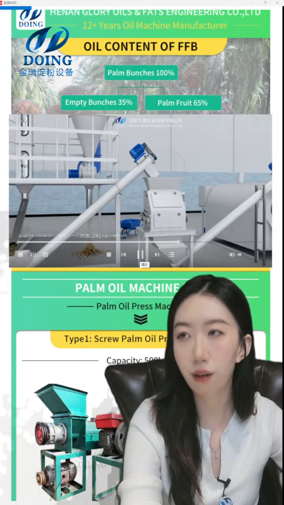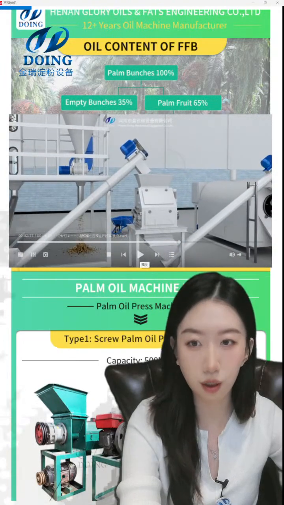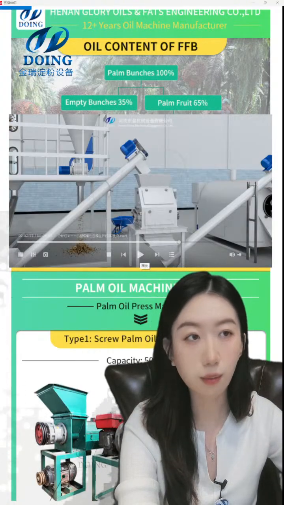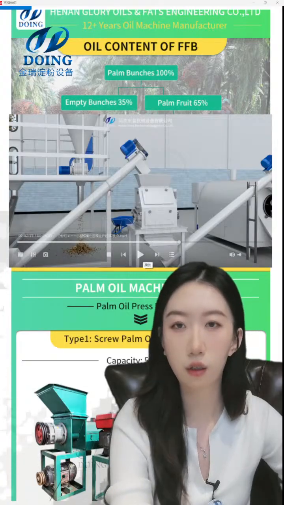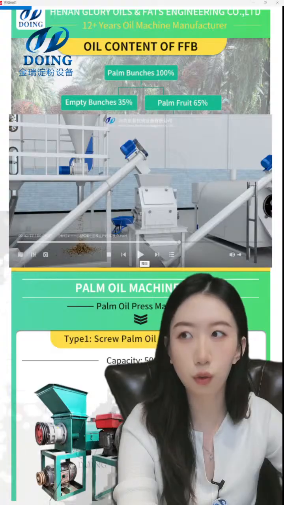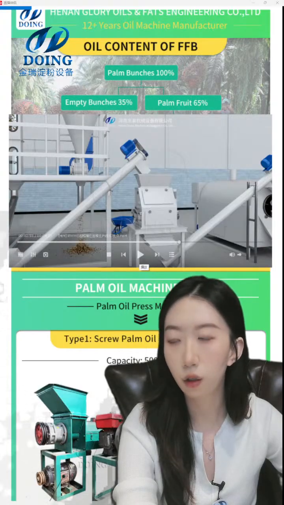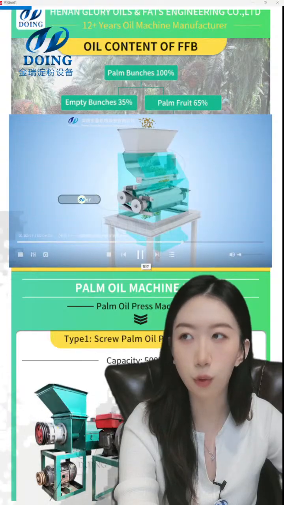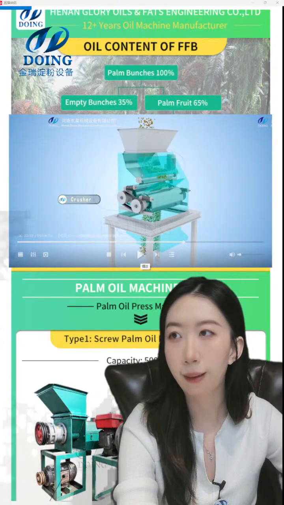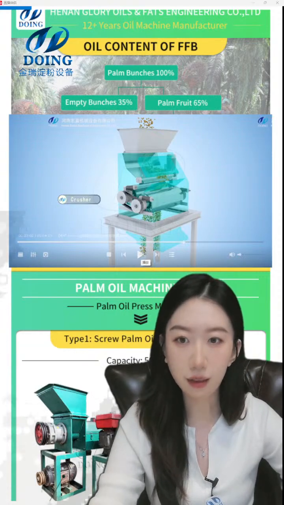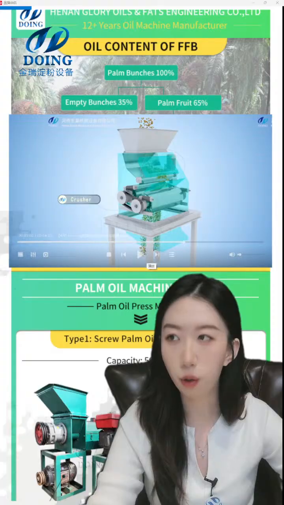If you want to invest in a palm kernel oil production line, we can support customization, and according to your need, according to your capacity, equip equipment for you. And after splitting, we get pure palm kernel.